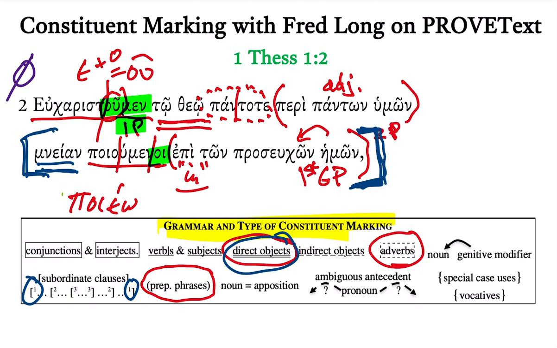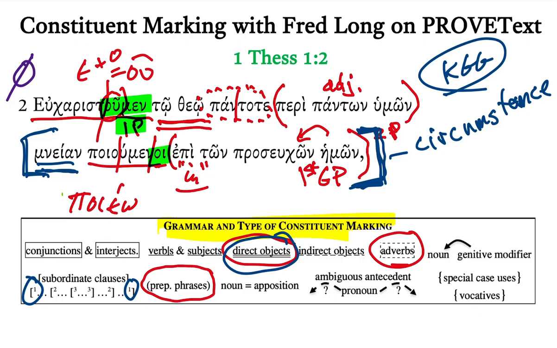Okay, so this is a circumstantial participle. It's adding a circumstance. And if you know anything about me and my Koine Greek grammar, I've developed a model where we can study these, what are called circumstantial participles, and this one is located after the main verb. So the main verb is we give thanks.